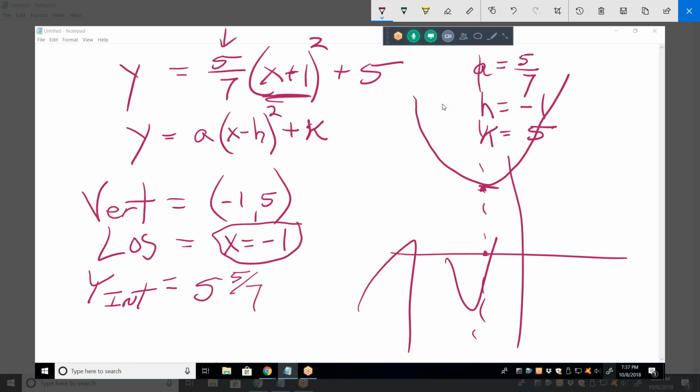Notice that that is the minimum value on that function. It can never be less than that. There's nowhere on that graph less than that on the y-axis. So it's a minimum at what? Or a minimum of.